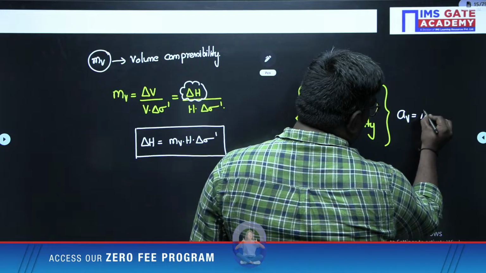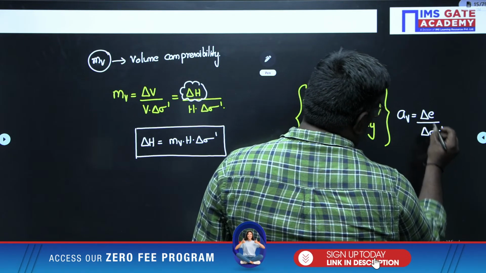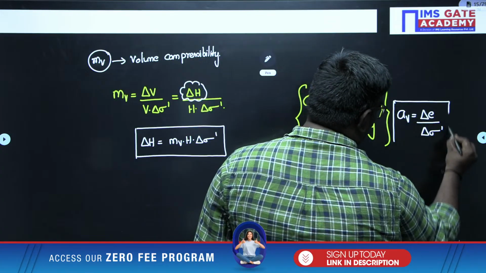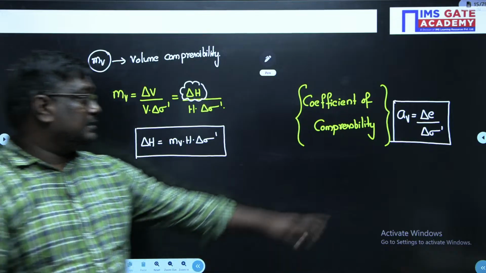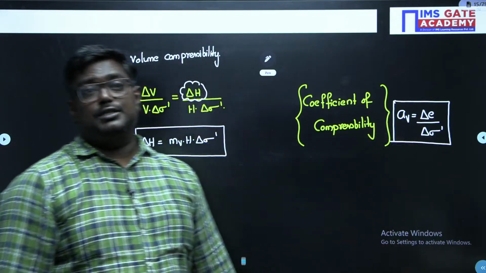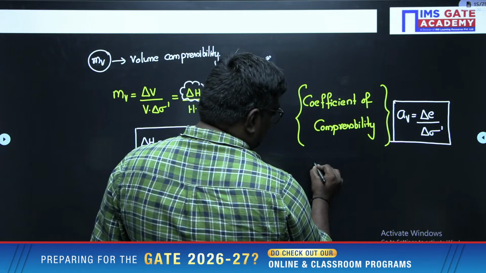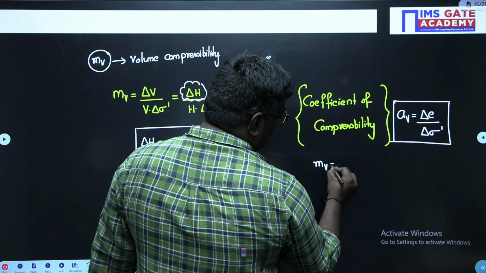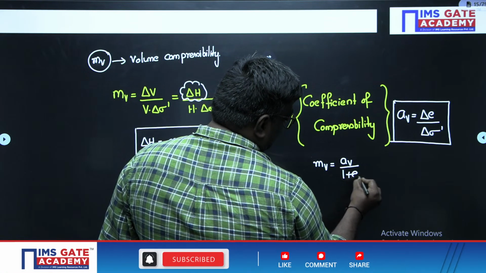AV is equal to delta E upon delta sigma dash. Clear? That is the change in void ratio to the change in effective stress. And remember, you can write MV is equal to AV upon 1 plus E naught.